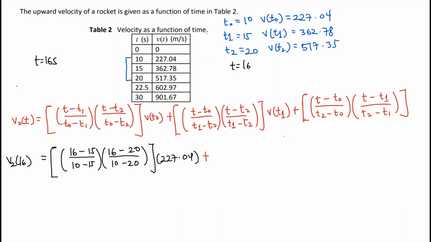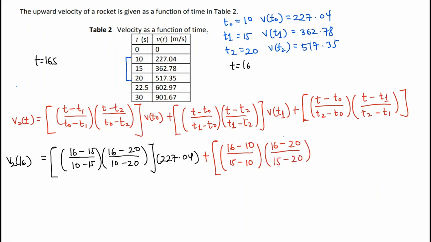So plus, let's consider the next term. We have t, which is 16 minus t naught, which is 10, divided by t1 minus t naught, which will be 15 minus 10. Multiplying 16 minus t2, which is 20, divided by t1, which is 15, minus t2, 20.